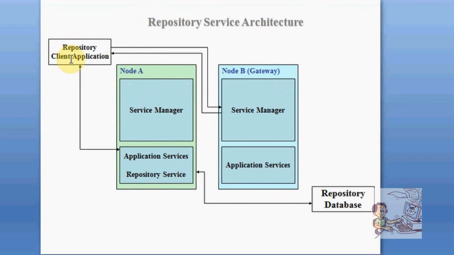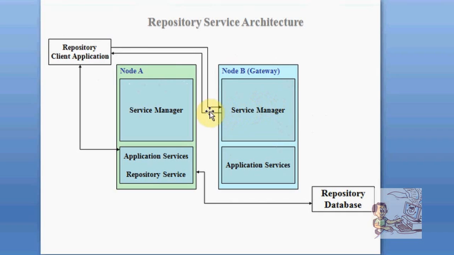So you see here one example. This client belongs to node A, but here the master gateway is node B. First the client sends its request to node B. The service manager will check the authentication, authorization, and the complete privilege details of the client.